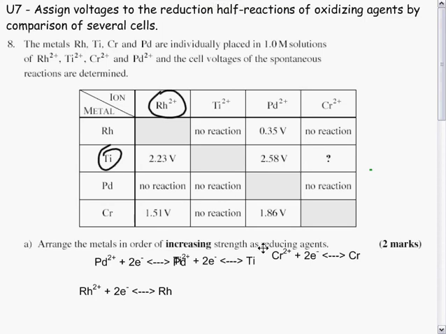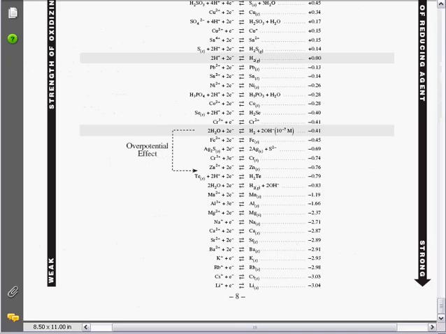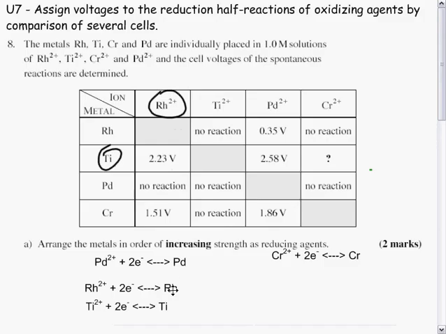With titanium, it is a spontaneous reaction. If it's spontaneous, then this reaction must go underneath here. Rh2+ must be the stronger oxidizing agent, and titanium must be the stronger reducing agent. And so they fit together in this way.